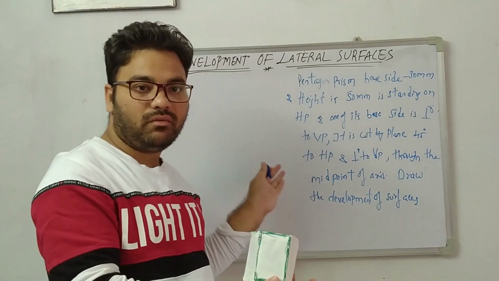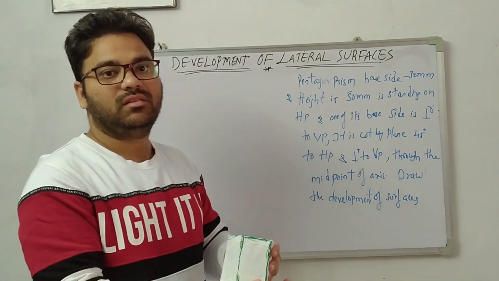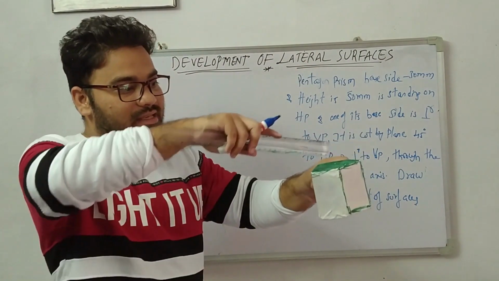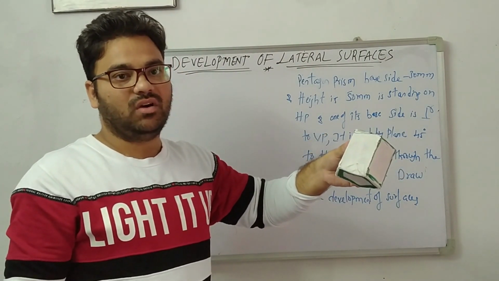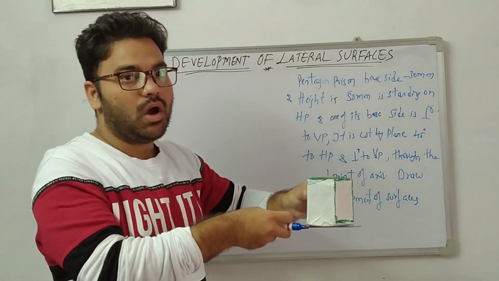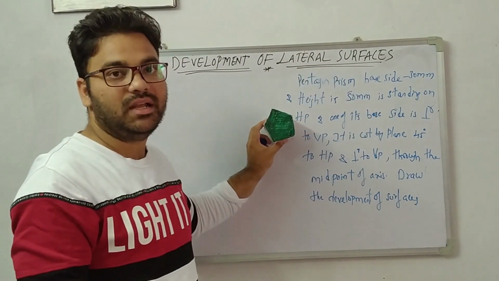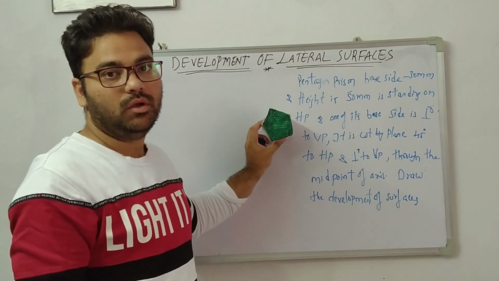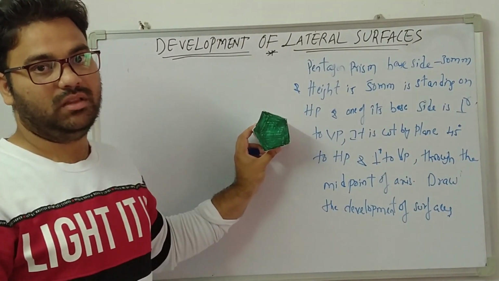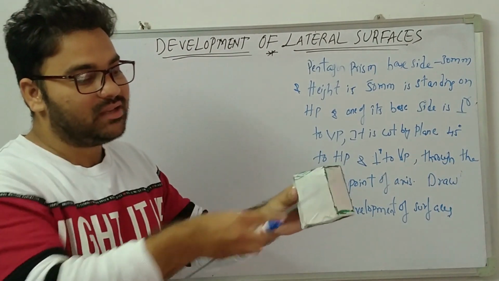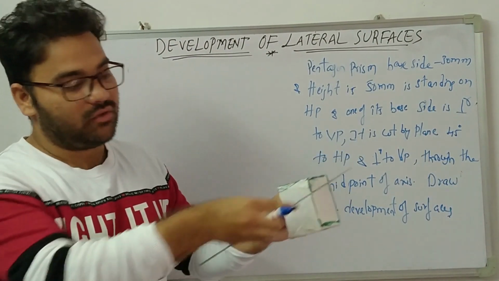Whenever development of surfaces is given in the problem, the axis is not going to tilt. Just like in the section of solids, it will be standing on the HP or on the VP; this condition will be given in the problem. So only the cutting plane is going to be tilted, just like in the section of solids.